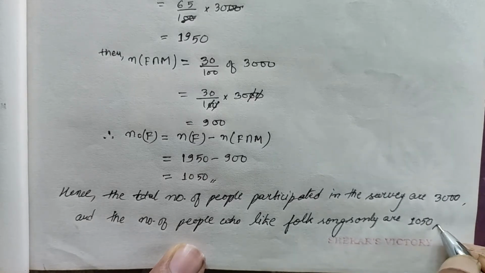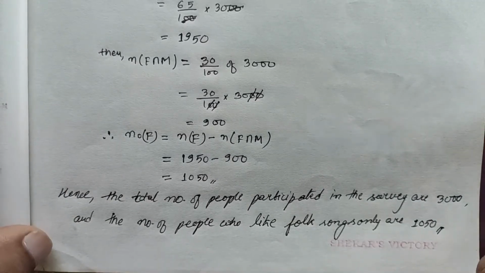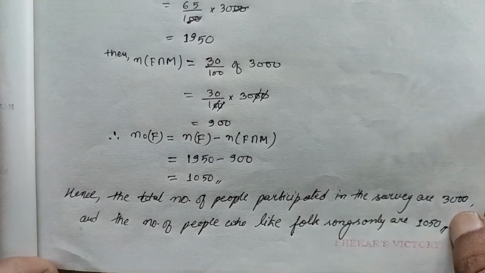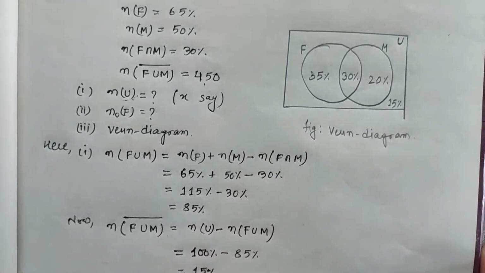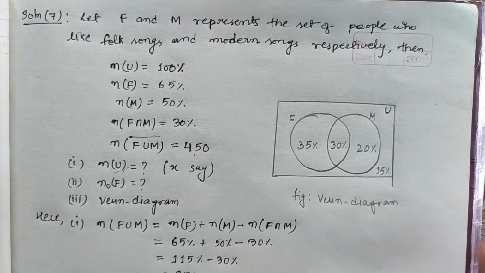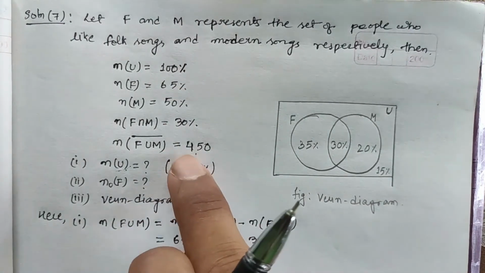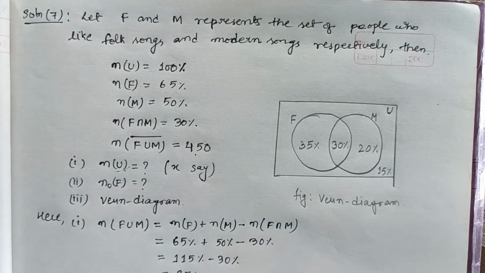Yes, so that's your result or conclusion. In this way we can solve question number 7. This is a special type of question where both percentages and numbers are given, so you have to solve it in this way. I hope you understand.